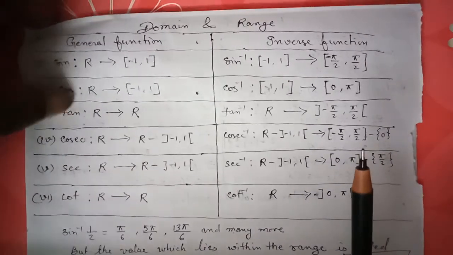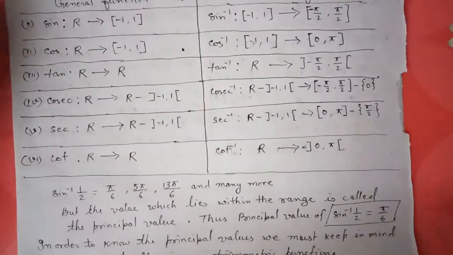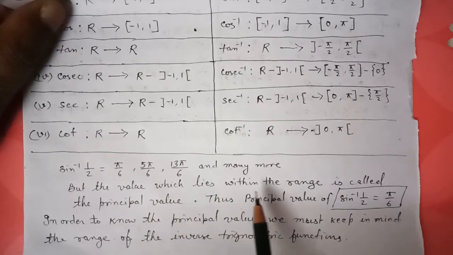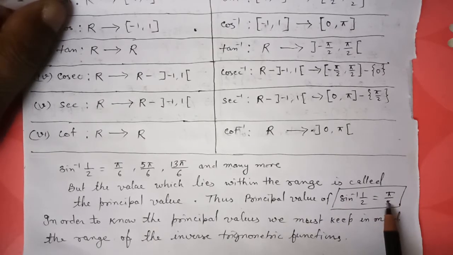But the value which lies within the range is called the principal value. Thus, the principal value of sine inverse 1/2 is π/6. Why? Because it lies in the principal range of the inverse sine function.